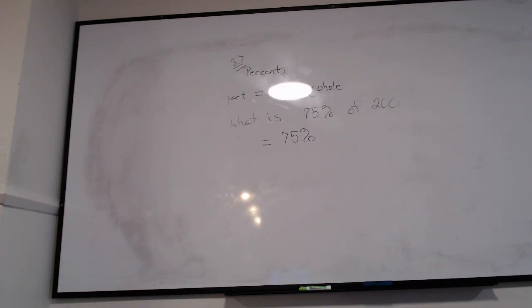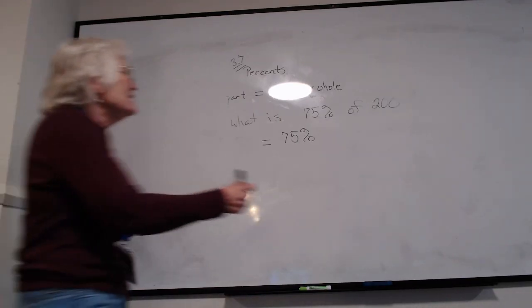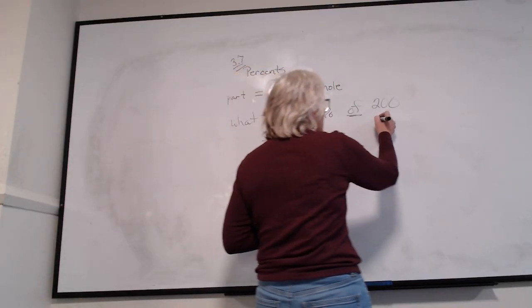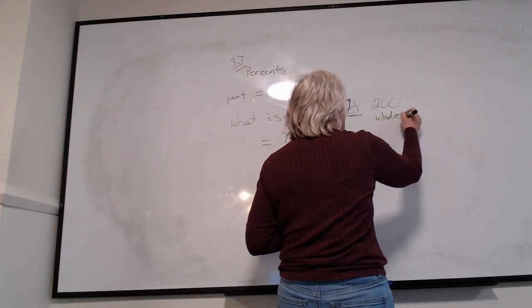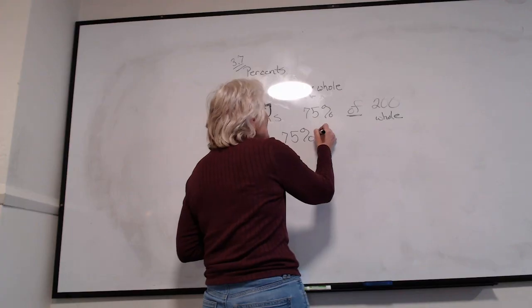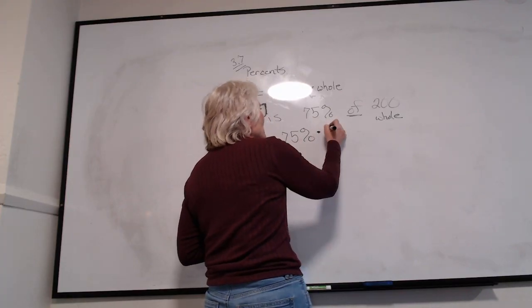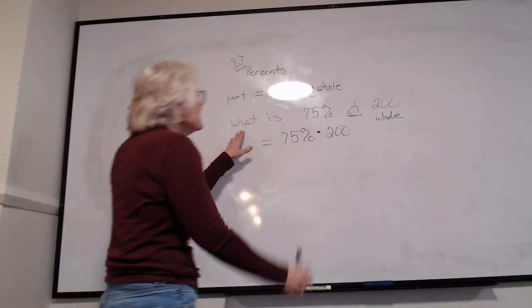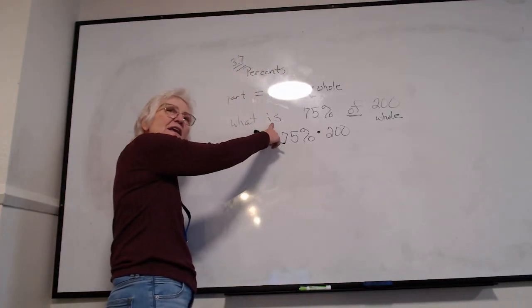The word of signifies the whole that we're looking at. So anything following of is the whole. If it follows of, it's the whole, and this is multiplied by 200, because that's the whole. The part is the thing that comes before is.